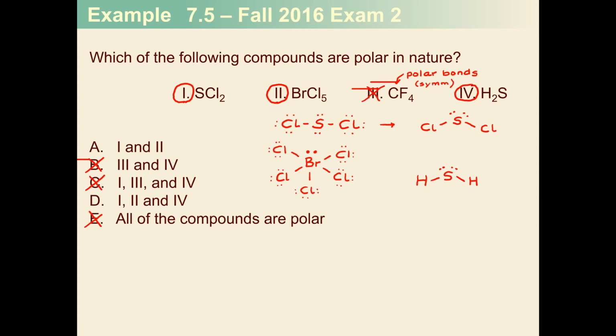So the correct answer for us in this example is going to be letter D. Answers 1, 2, and 4 are all polar. Once again, number 3 contains polar bonds. However, because of symmetry and them pulling opposite and equal, it is going to be a nonpolar molecule.